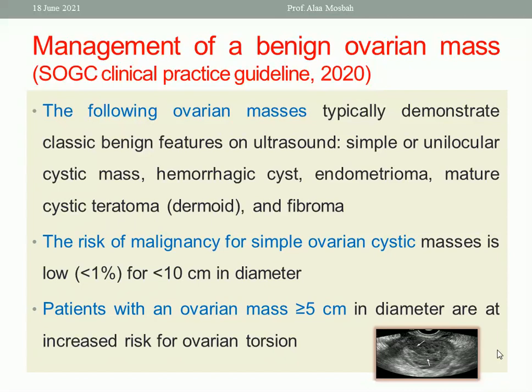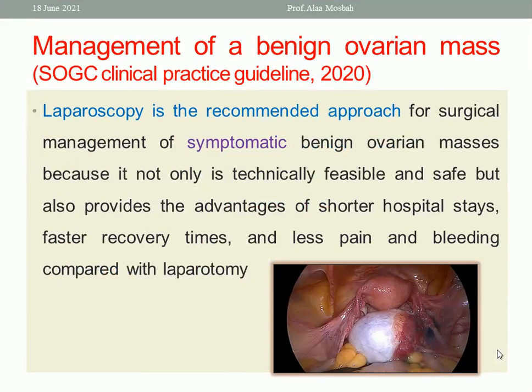The risk of malignancy for a simple ovarian cyst is rare, less than 1% for cysts less than 10 centimeters in diameter. Patients with an ovarian mass of 5 centimeters or more in diameter are at increased risk of ovarian torsion. It can happen, yes.